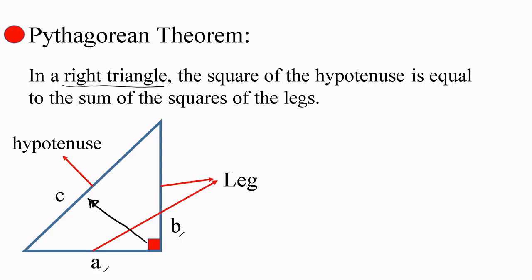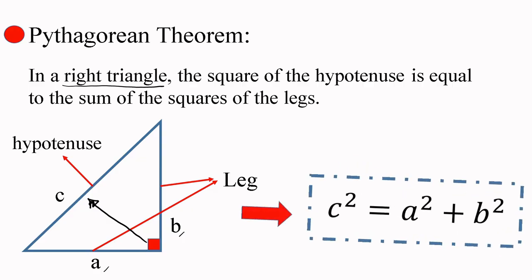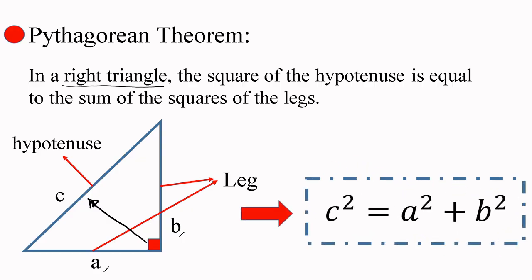It's clear that hypotenuse is the longest side. Based on Pythagorean theorem, whenever I have a right triangle, I can use this formula. C squared, C stands for hypotenuse, as you can see, is equal to A squared, one of the legs, plus B squared, the other leg.